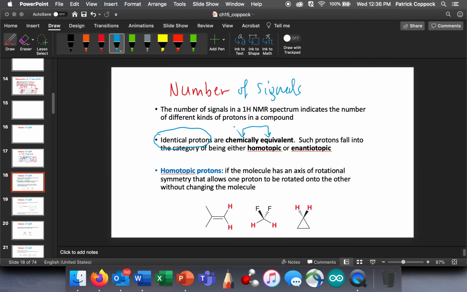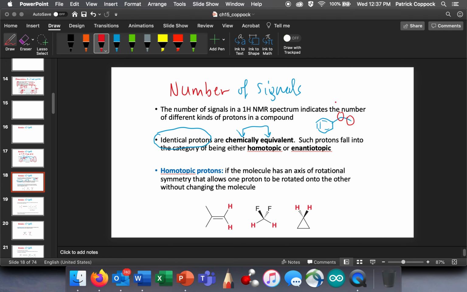And so I said in the previous slide that these protons, the hydrogens there, are not equivalent to those 3, right? But if they're chemically equivalent, then that means that they fall in the same signal.